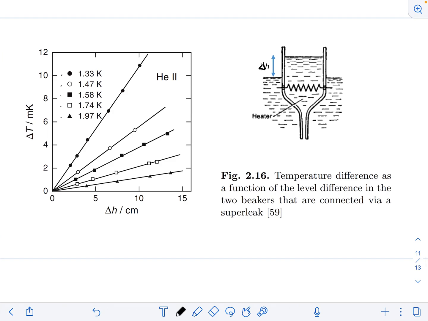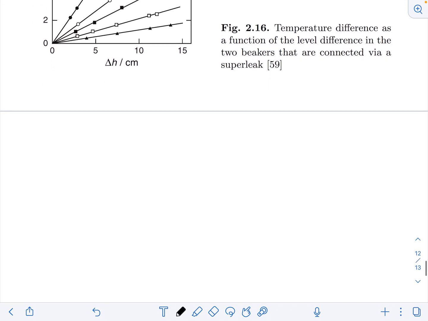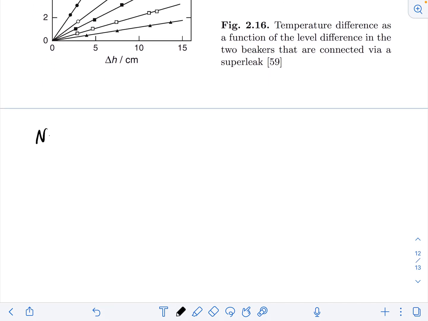Okay, good. So I have one more thing to show you. We can do something more similar to what they did in this experiment. Let's now consider the inverse experiment.